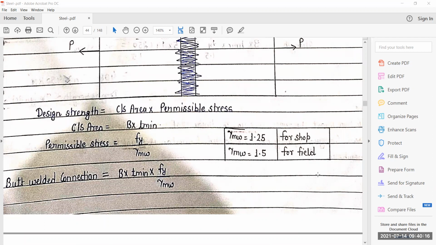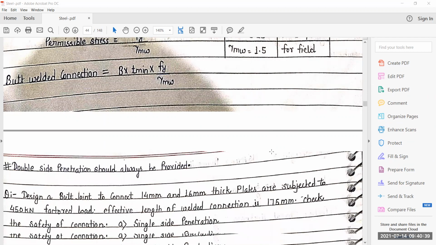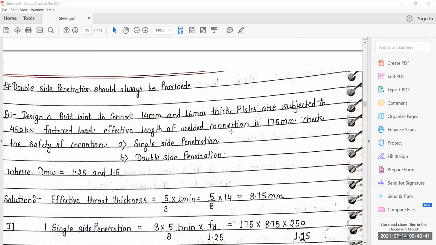So you will see the two types of results, and all details are mentioned in the IS code. For the welded connection, the strength is B into T minimum into Fy upon gamma mw. Then double side penetration should always be provided.